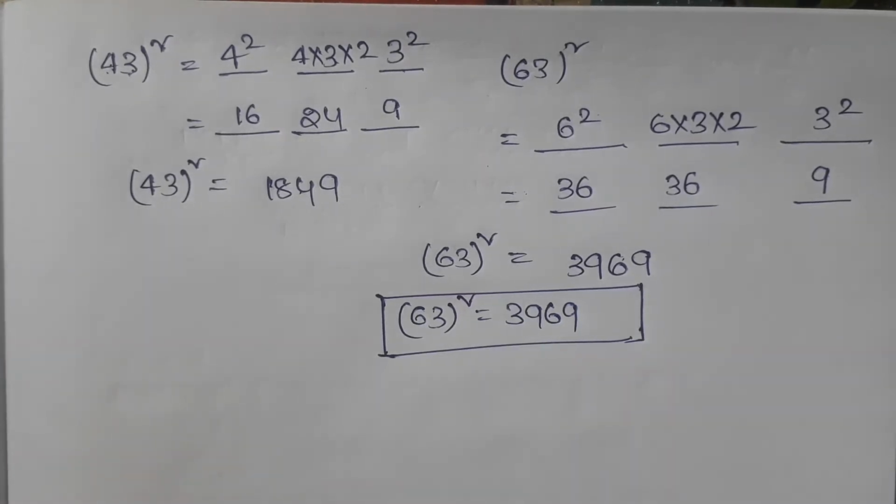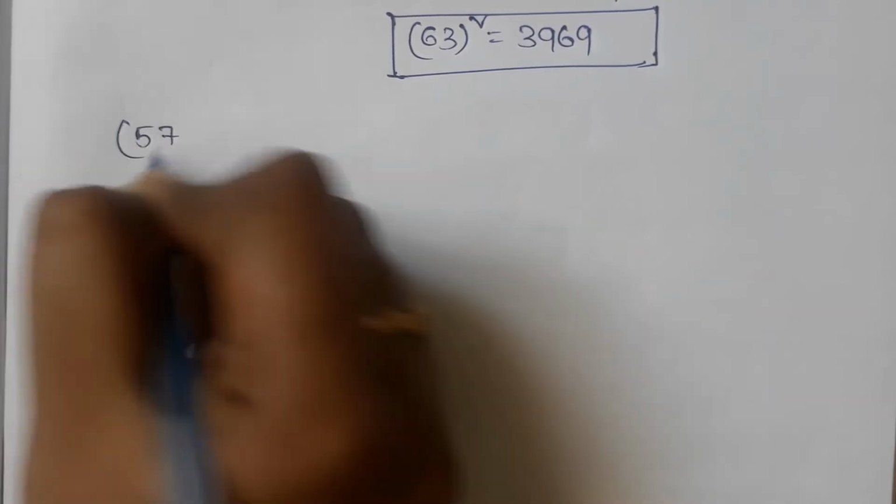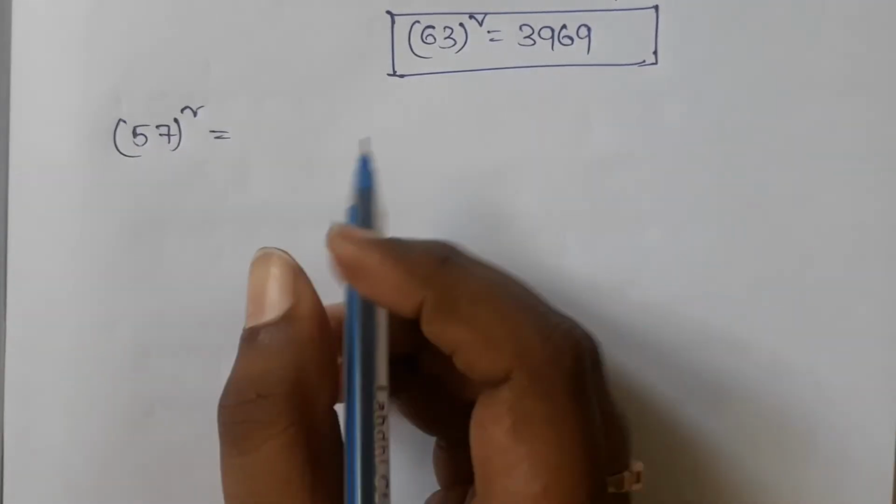Let's see another example, that is 57 whole square.